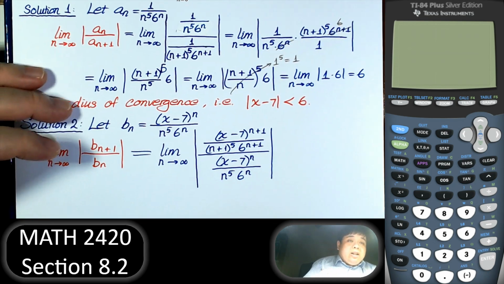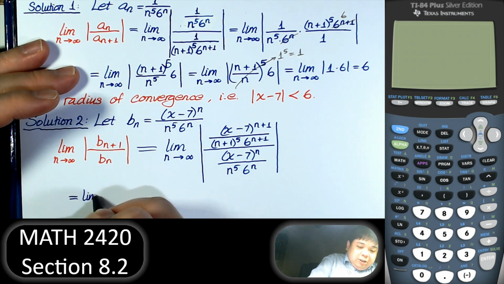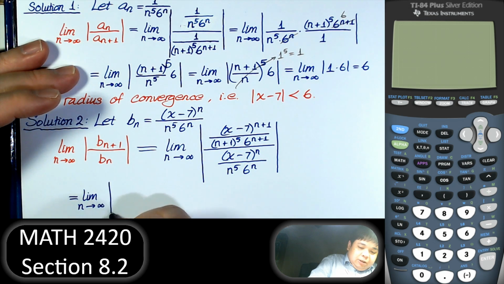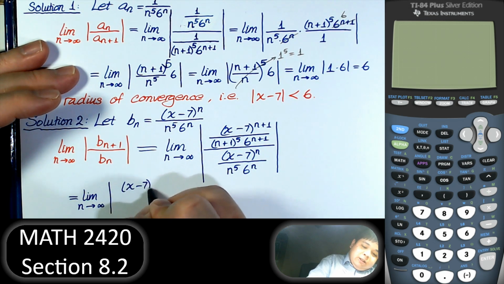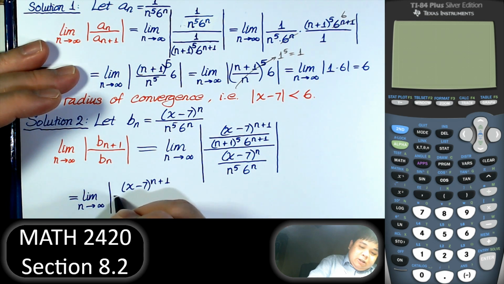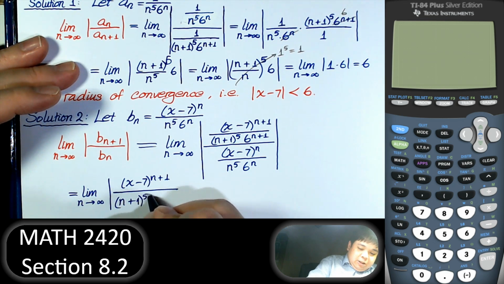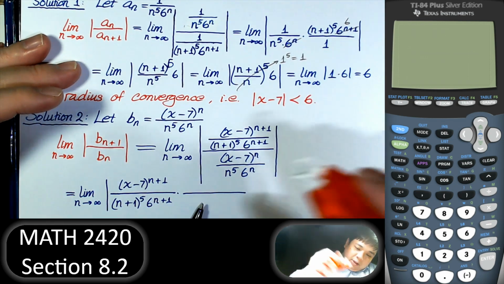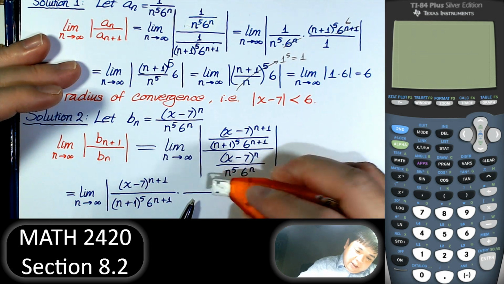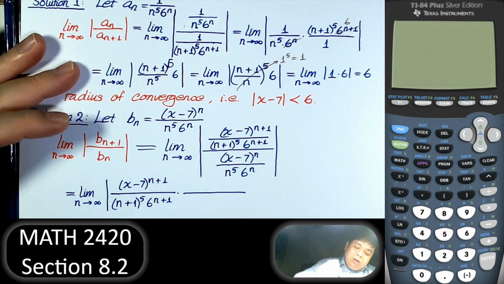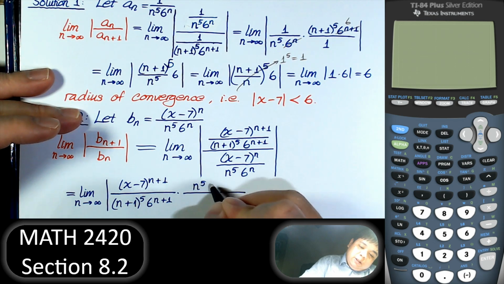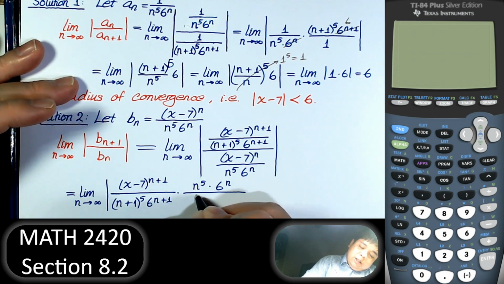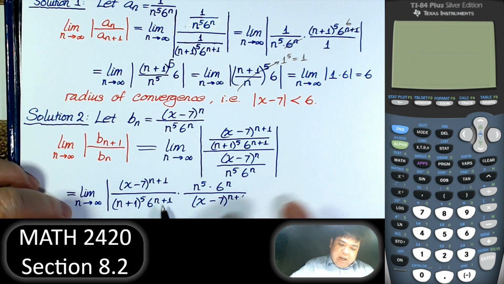Right, with that, then multiply reciprocal. x minus 7 to the n plus 1 over n plus 1 to the 5th power, 6 to the n plus 1, multiply n to the 5th, 6 to the n, x minus 7 to the n, sorry.